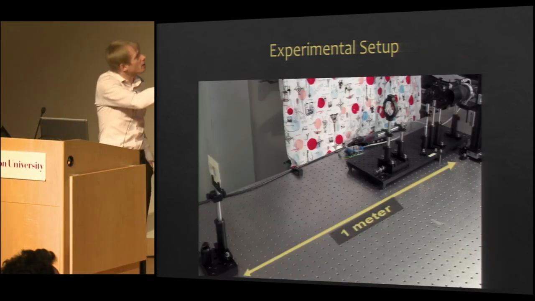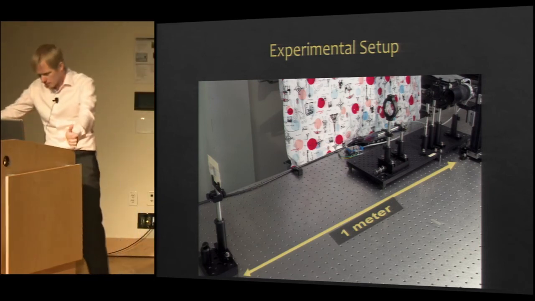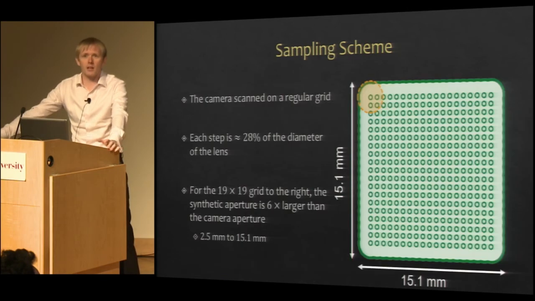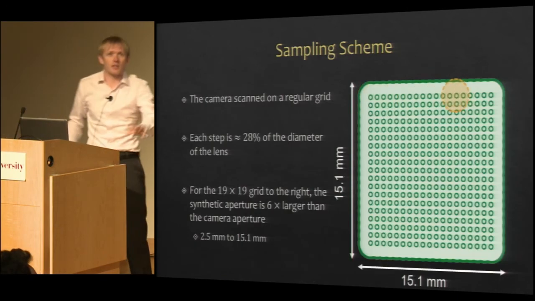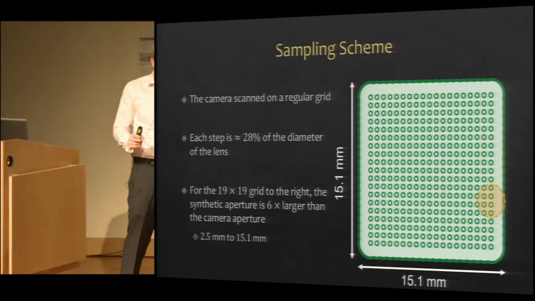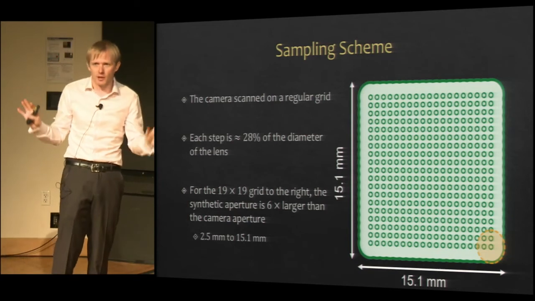And then the object that we're looking at is going to be 1 meter away, so 2 meters round trip. And then the camera in this experiment is going to be scanned on a regular grid. This is not a requirement. We can sort of use any pattern that we wish, provided that there's sufficient overlap.